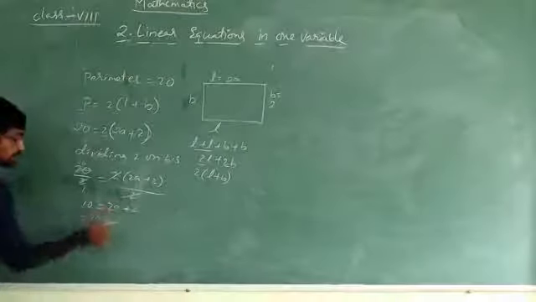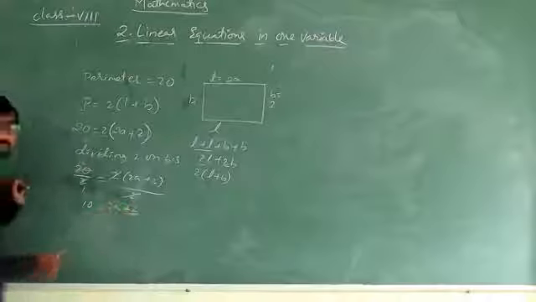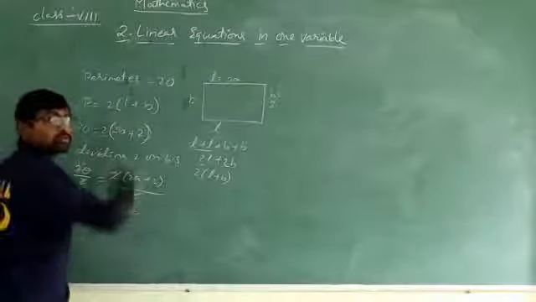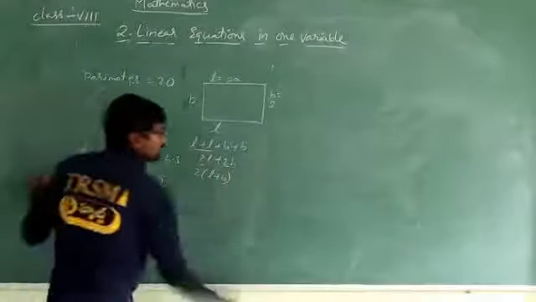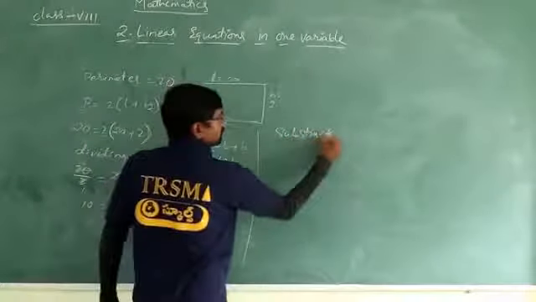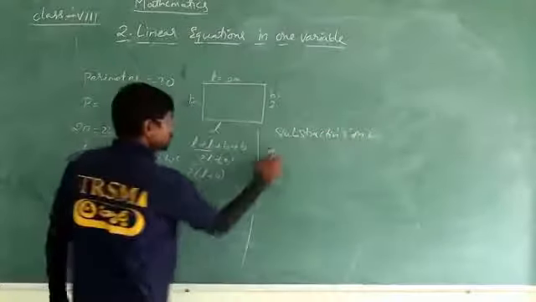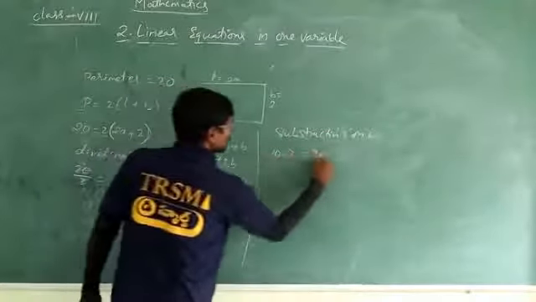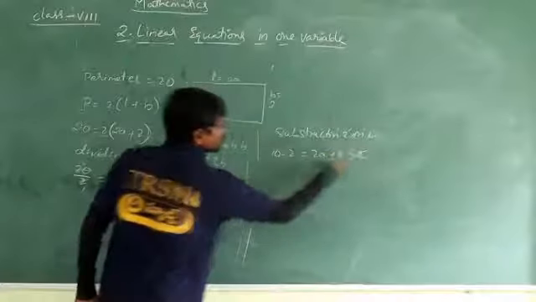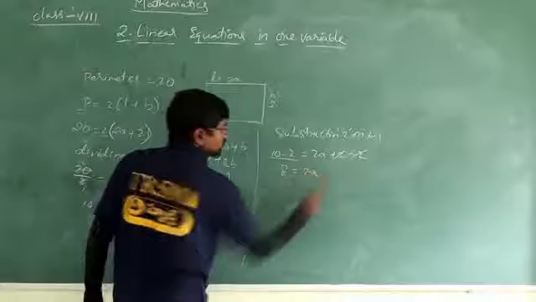Now, removing this plus 2, what do I have to do? For plus 2, I have to add minus 2, so subtracting 2 on both sides. 10 minus 2 equals 2a plus 2 minus 2; plus 2 minus 2 becomes 0. 10 minus 2 is 8, which equals 2a.